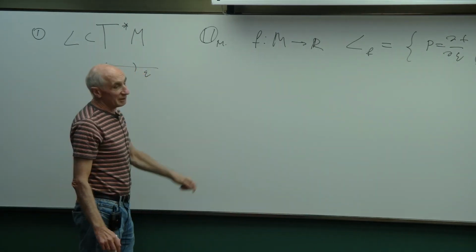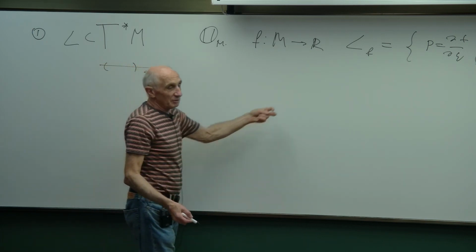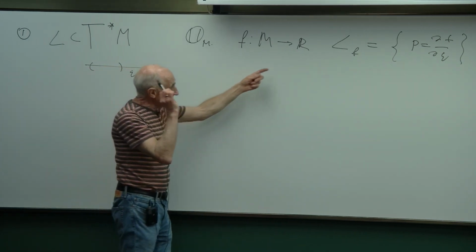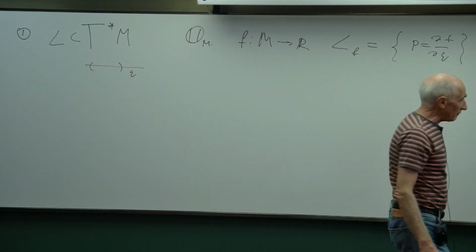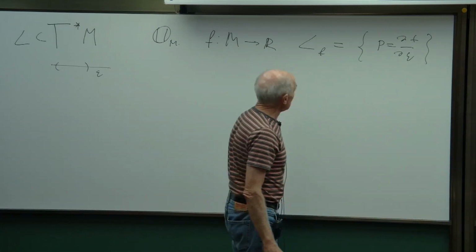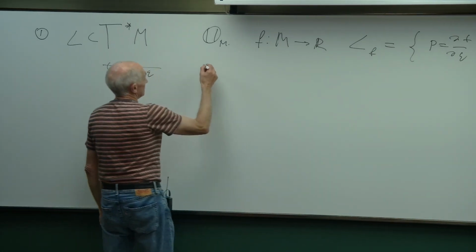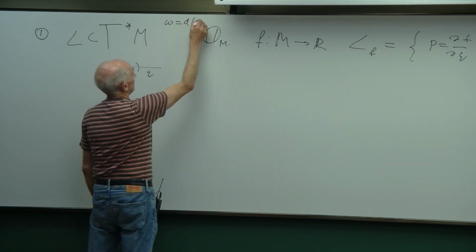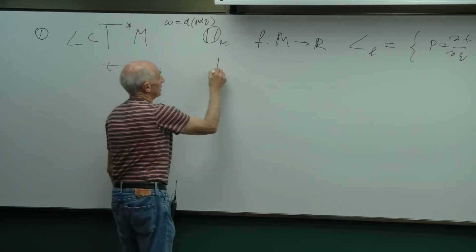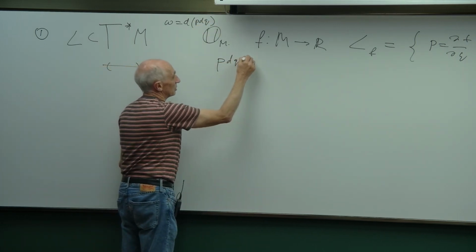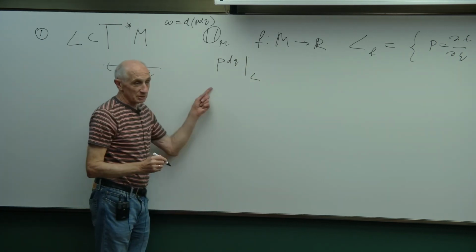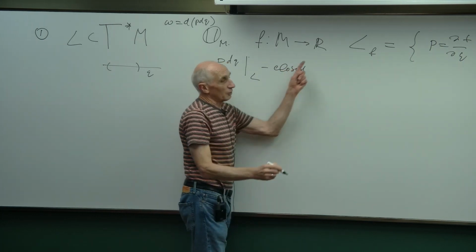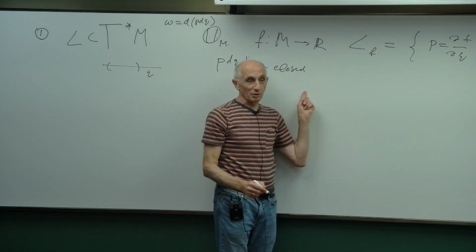So you have this L_F, and the question is, what else? For every Lagrangian we can take the following form. The symplectic form is d of the canonical form p dq, and we can restrict p dq to this L. Because it is Lagrangian, this form is closed, and for all the examples I gave, this form is exact.